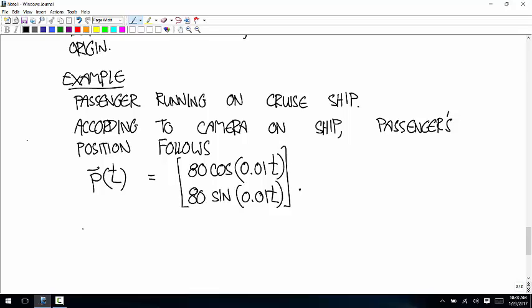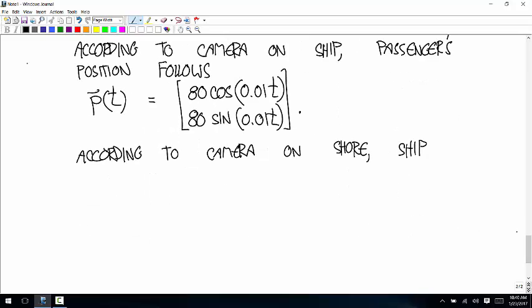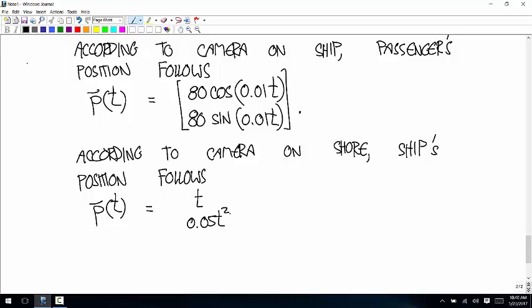And then according to an observer on the shore, a camera on the shore, the ship's position vector follows the function p of t is equal to t for the x component and 0.05 t squared for the y component.